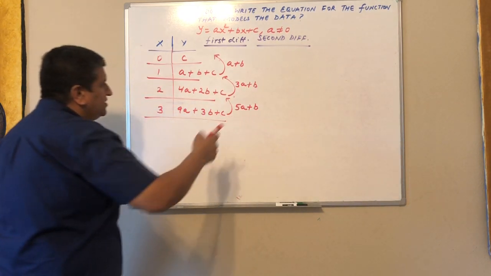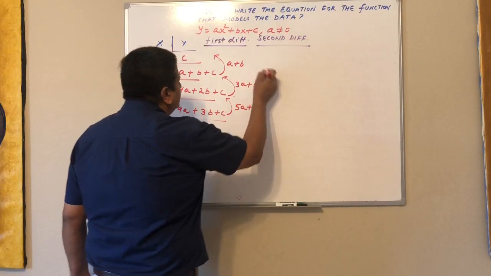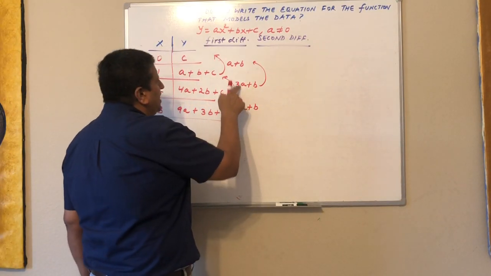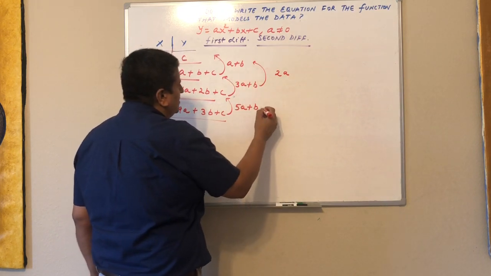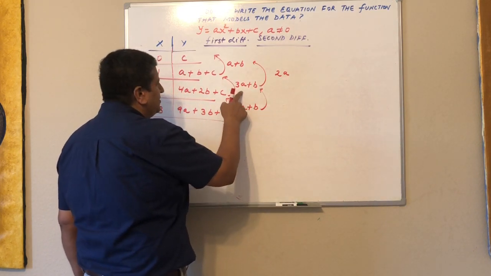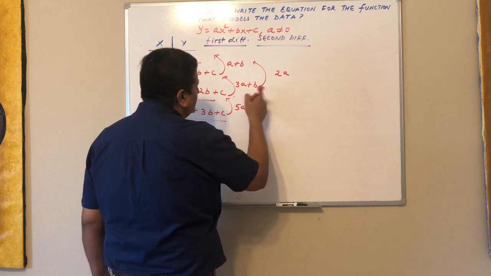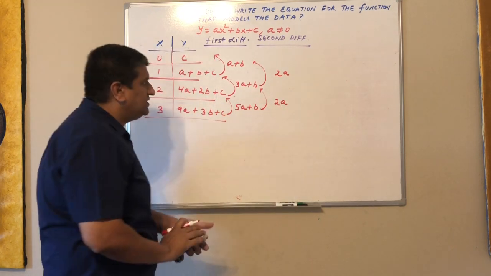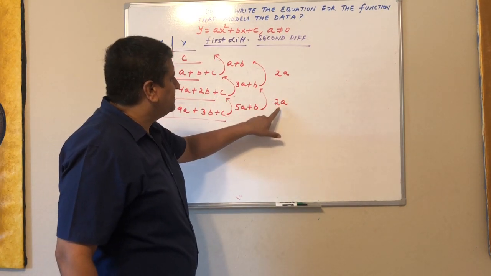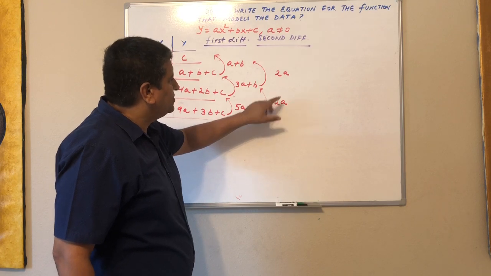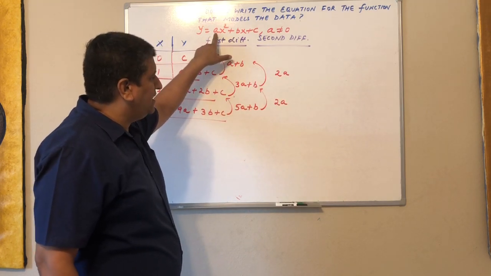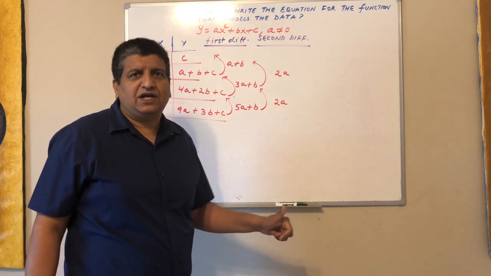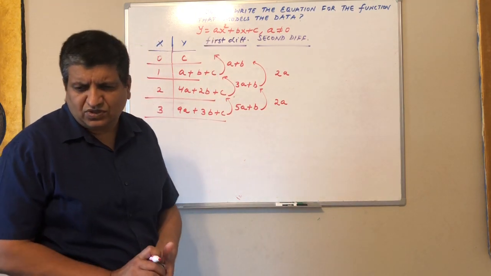So these are my first differences. Second differences are 3a minus a, that's 2a, b minus b, that's 0. 5a minus 3a, that's 2a, b minus b is 0, so this is 2a. As you can see, the second difference is the same in a quadratic function, and it is twice the value of a, and that's why I had to divide by 2 in the previous question.